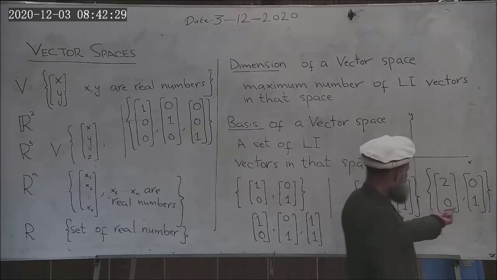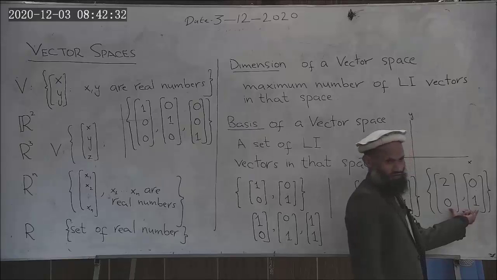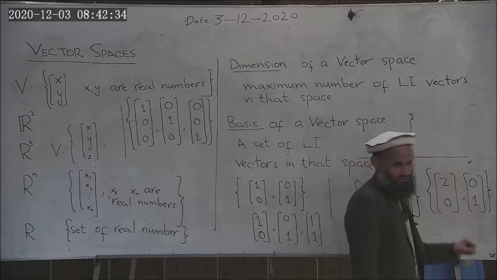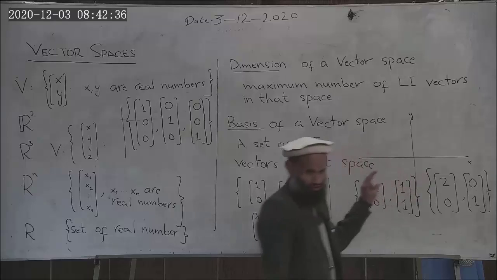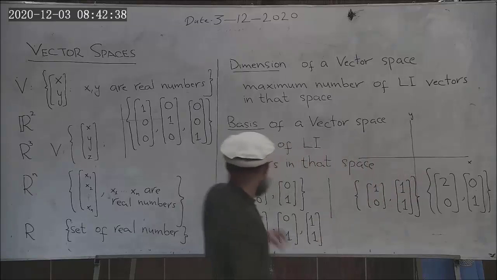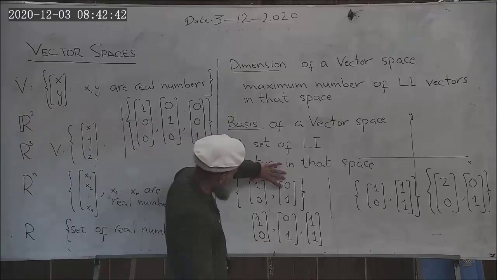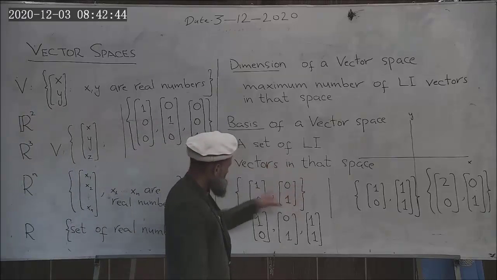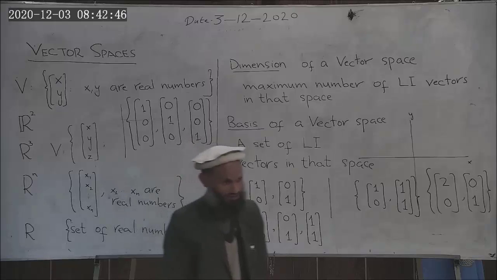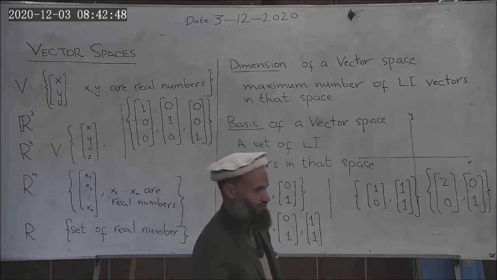However, for each basis, the number of elements of this set will always be 2 for R2. R2 is a two-dimensional space, so there will always be 2 elements in the basis set.